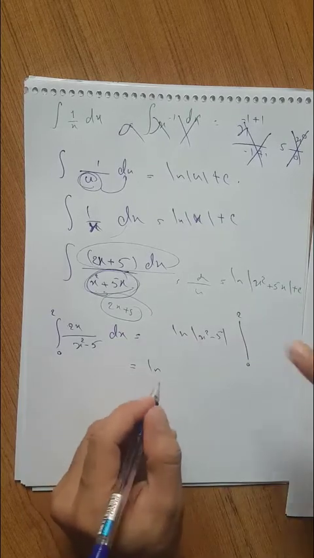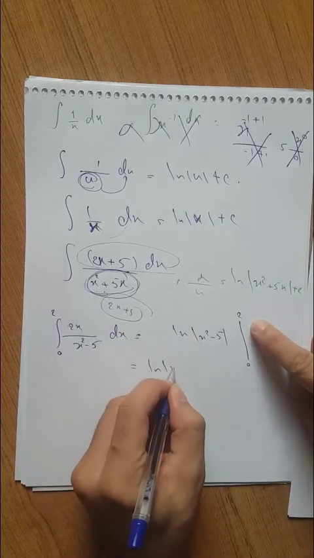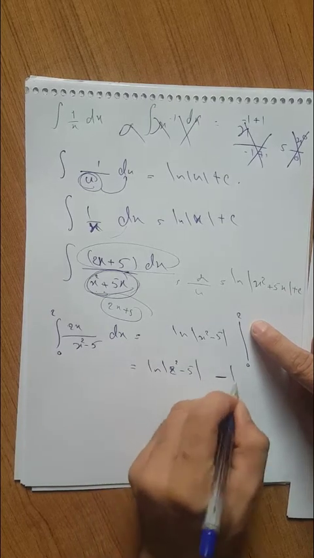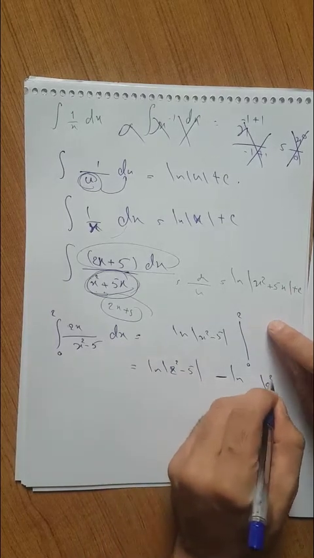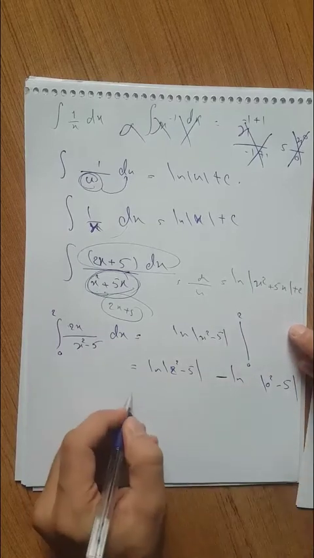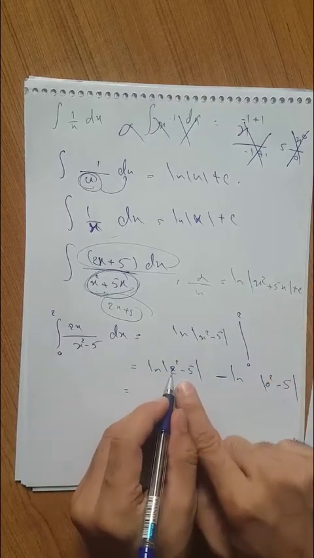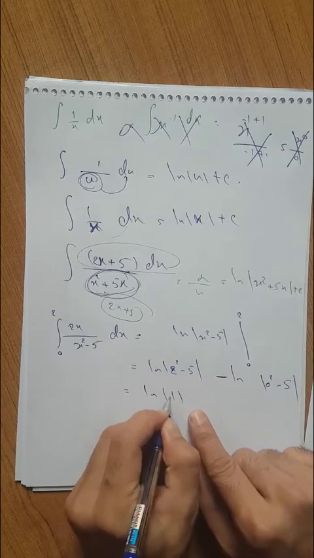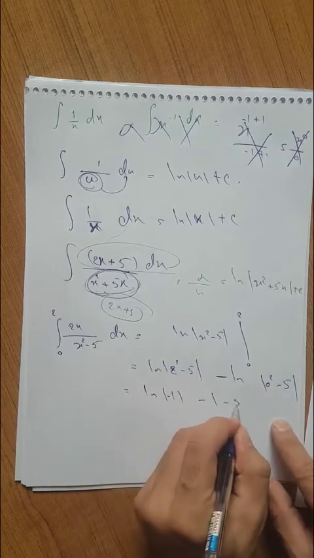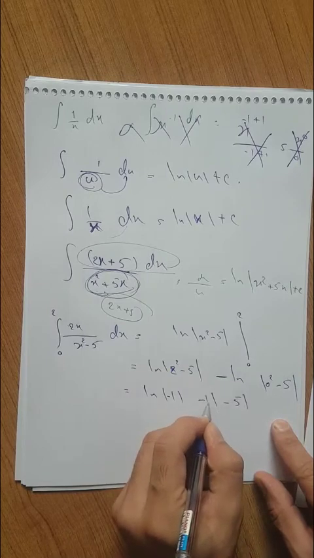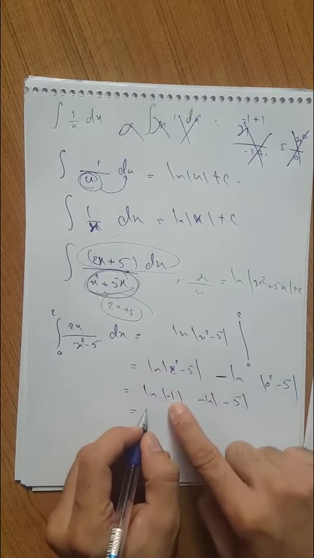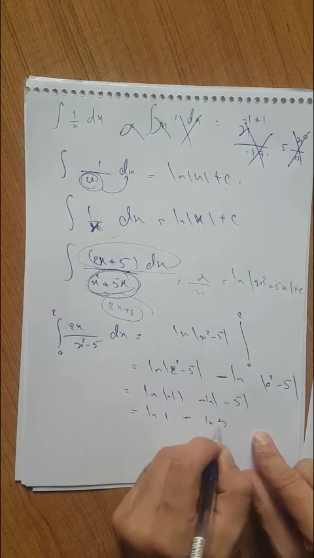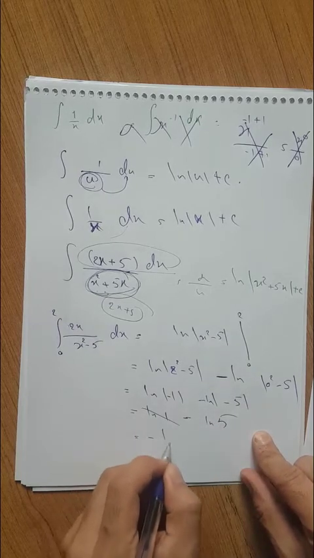First we put 2 squared minus 5, minus 0 squared minus 5. So I will get 4 minus 5, which is minus 1, so ln of 1, minus ln of minus 5. You know ln of 1 is equal to 0, and ln of 5 remains, so it is equal to minus ln of 5.